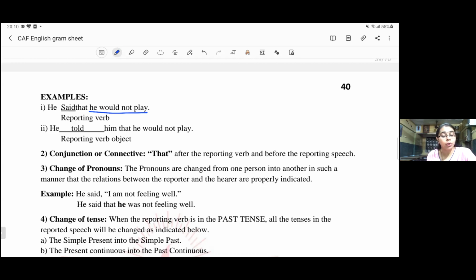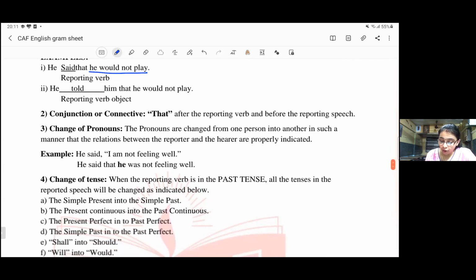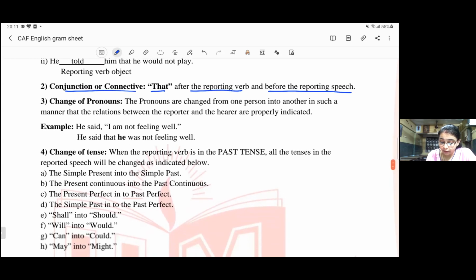He told that he would not play: it doesn't make any sense. Clear? Conjunction or connective: that. After the reporting verb and before the reporting speech, that is used. Right? Further, we will read the sentences.